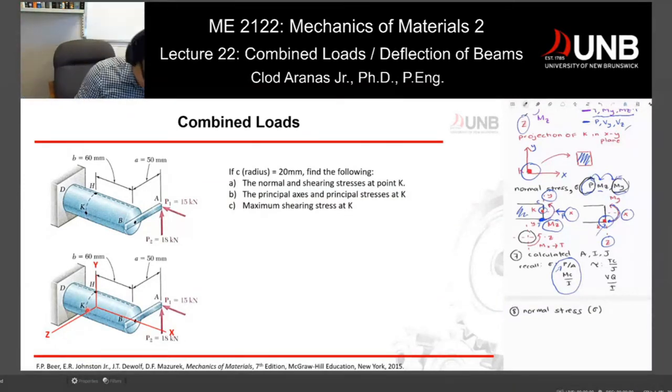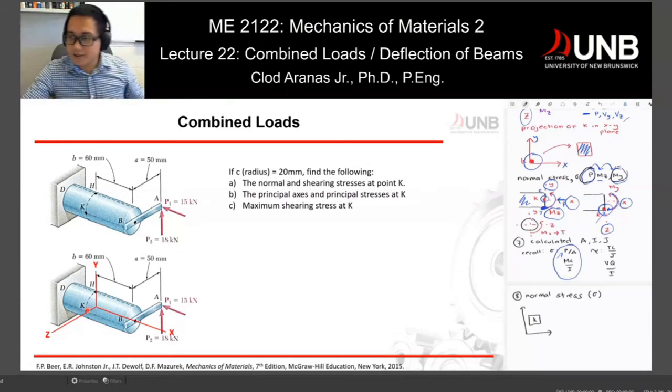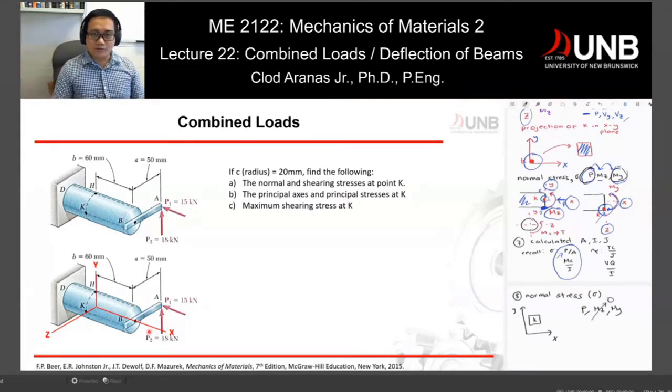So we are analyzing point K. Let's go back again to point K, and at point K we have to analyze it in Y and X. If you imagine the stress that's generated by P and M sub Y, you know that this will not contribute to any of your normal stress.